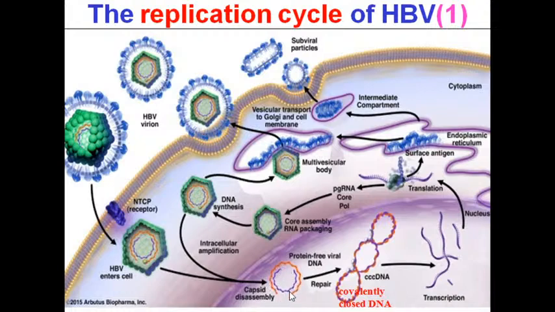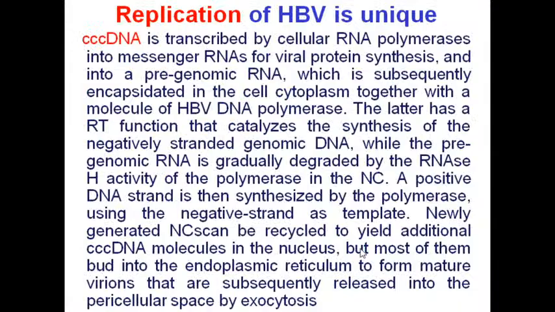So the first stage, the genome will be completed, a double-stranded DNA molecule, repaired, they call it repairing. But then protein-free viral DNA undergoes so-called covalently closed DNA formation. You can see here.